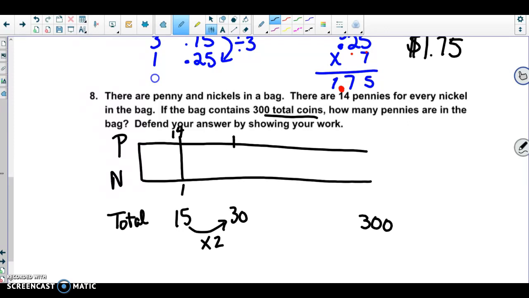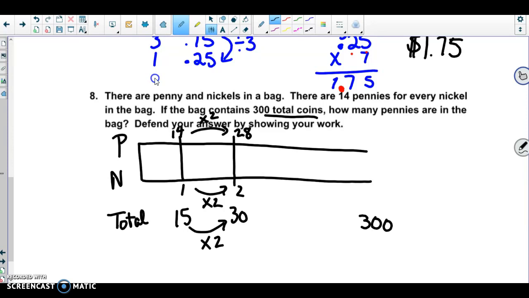If I needed 30 total coins, I multiply by 2, so I've got to do the same thing here. I'd be multiplying by 2 to get 28, and 1 times 2 to get 2. That gives me a total of 30, because 28 plus 2 gives me that 30 down there.